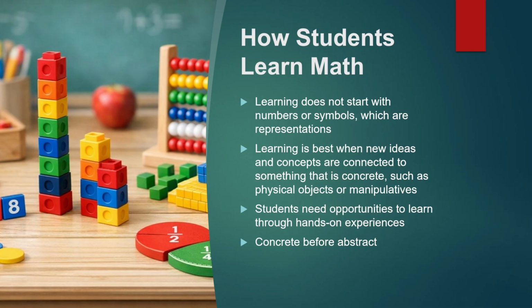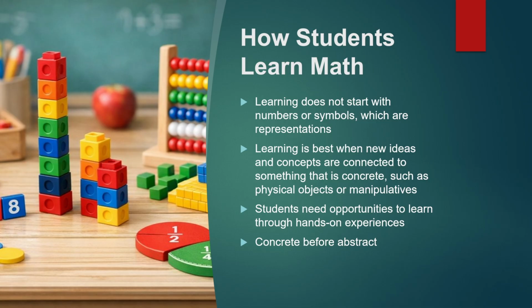Thus, manipulatives. It's also very important, especially in the elementary grades, to understand that students need opportunities to build their understanding through hands-on experiences, touching those manipulatives, seeing those things, before they're expected to work with just numbers alone. Again, numbers alone are representations of real life things.